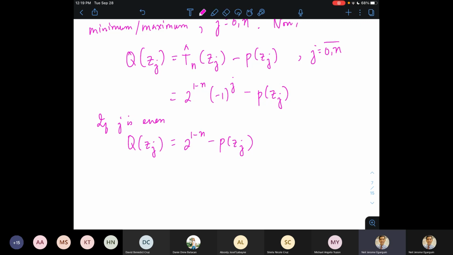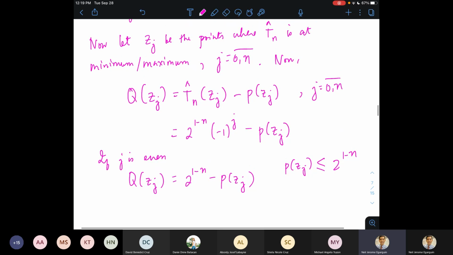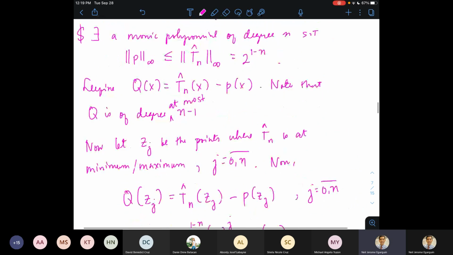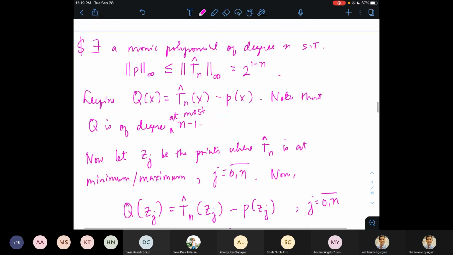Now, ano ang alam natin about p of cj? We know that p of zj is less than or equal to 2 to the 1 minus n. Bakit alam natin to? Well, contradiction nga pala yung proof ko, no?